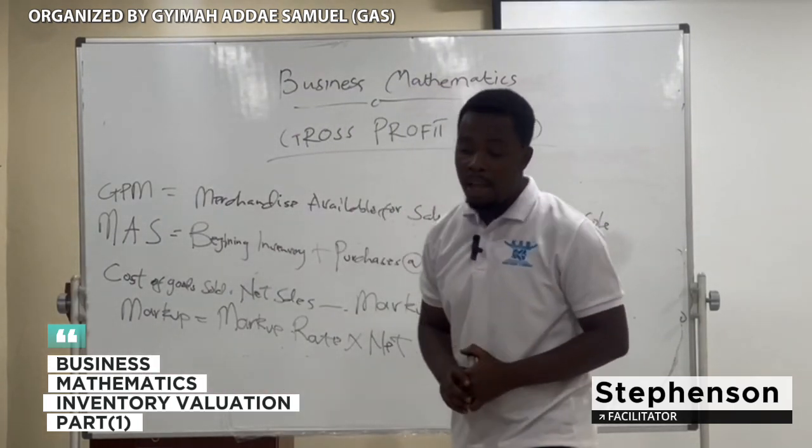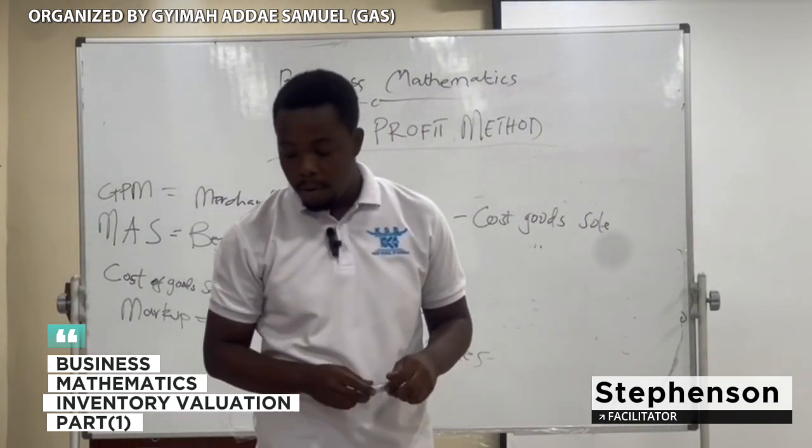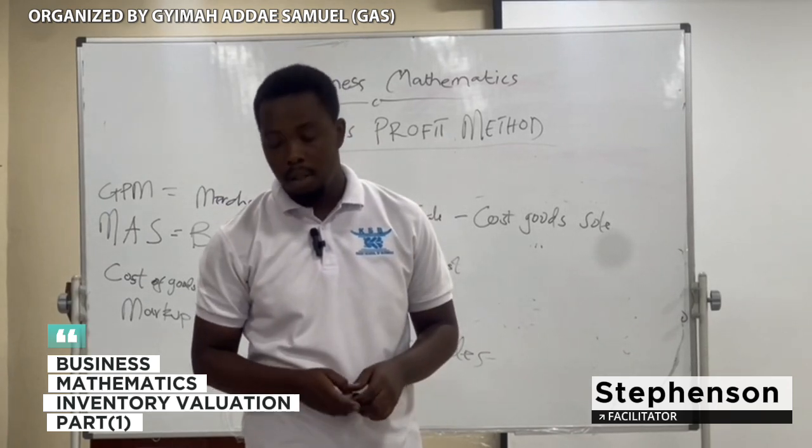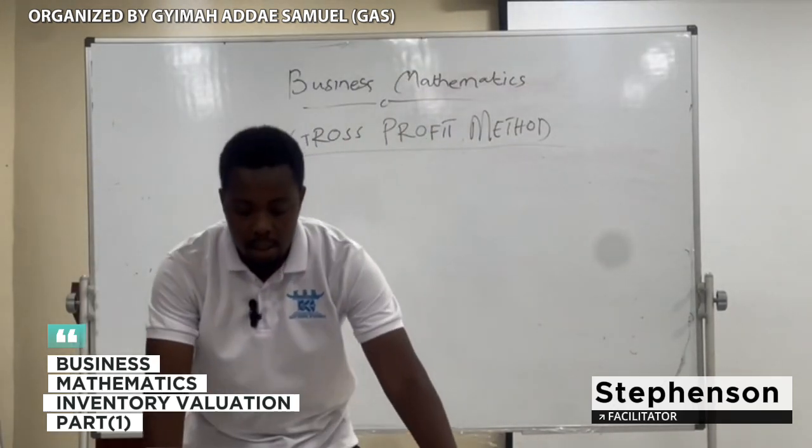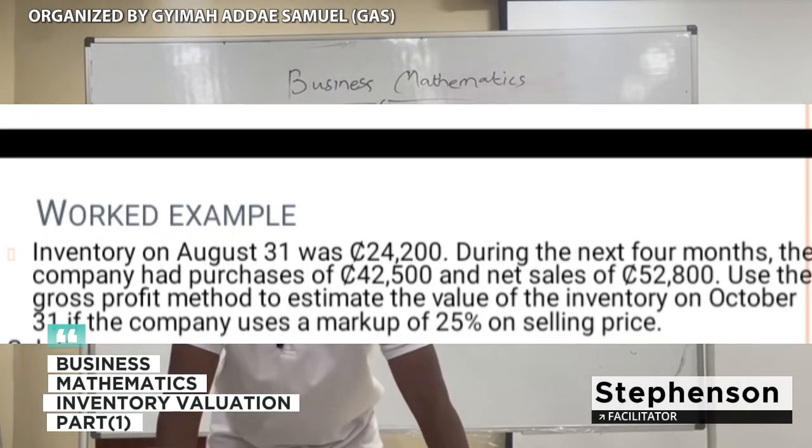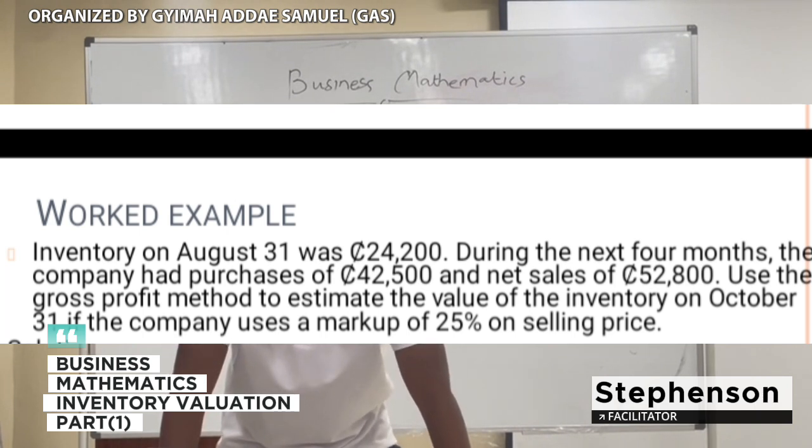So now let's take our first example. Inventory on August 31st was 24,200. During the next 4 months, the company had purchases of 42,500 and net sales of 52,800.